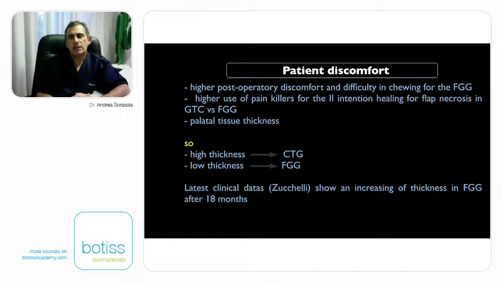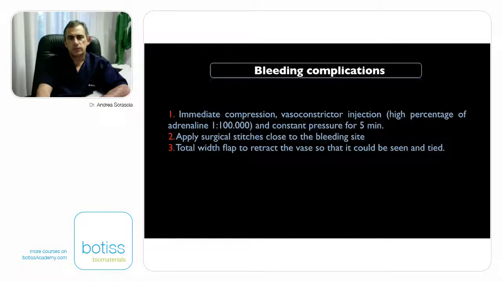But from the latest clinical data published by Zucchelli, it seems that free gingival graft tends to augment in volume over time, as if the epithelial component of the addition favors the production of new epithelial layers in the additional area. So, the use of free gingival graft probably could be the right solution.